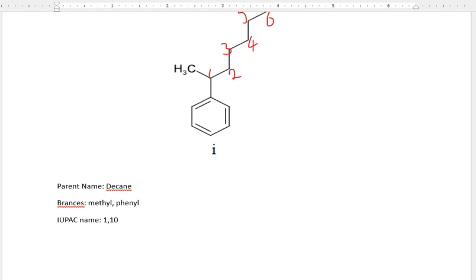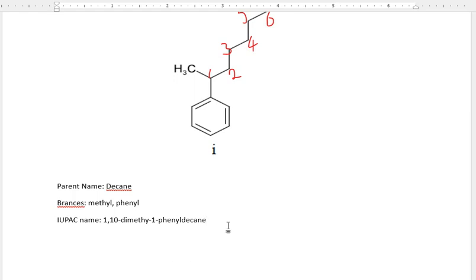You put a hyphen, so you have a dimethyl. You also have a phenyl group at 1, so you put a hyphen and say 1, 1, another hyphen, phenyl decane. So it's 1,10-dimethyl-1-phenyldecane.